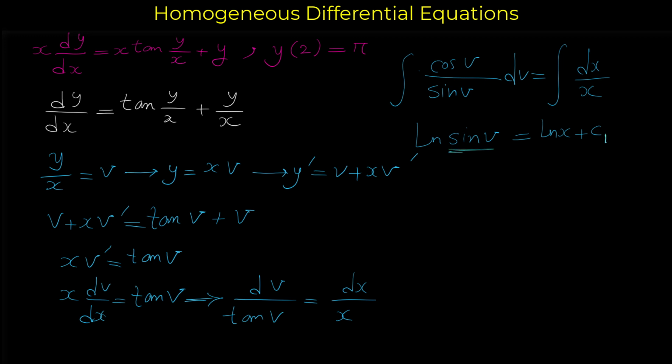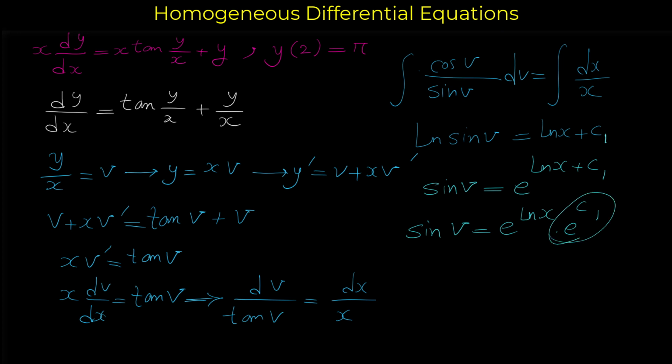Ln of sine of v equals this, so I can say sine of v equals e to the power of ln of x plus c1. So sine of v equals e to the ln of x times e to the c1.